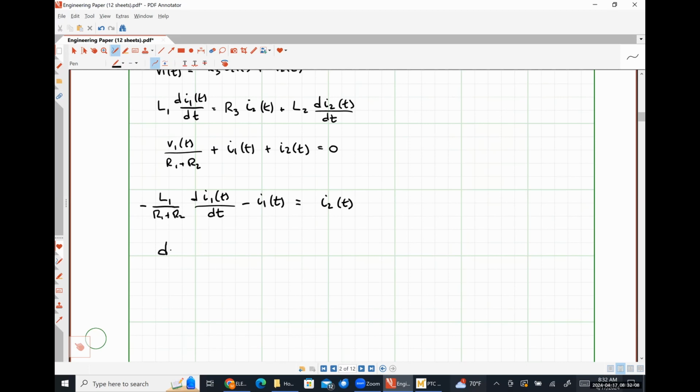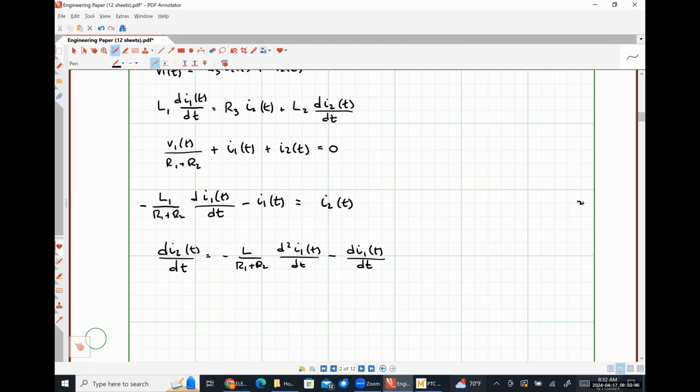So the derivative of I2 with respect to time is just going to be -L1 over R1 plus R2 times the second derivative of I1 with respect to time, minus 1 times the first derivative of I1 with respect to time.